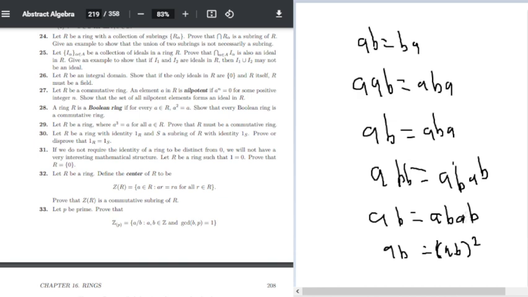We expand, we factor this out, we bring the B out, then we're able to, are we necessarily able to cancel it?